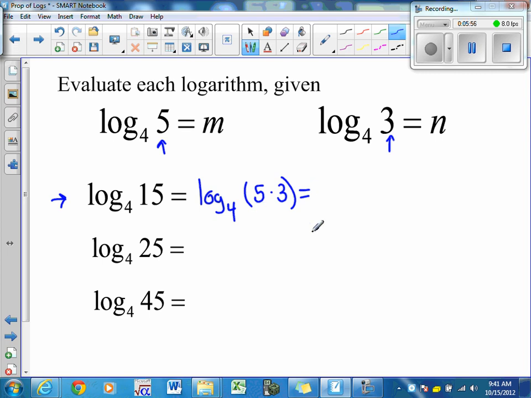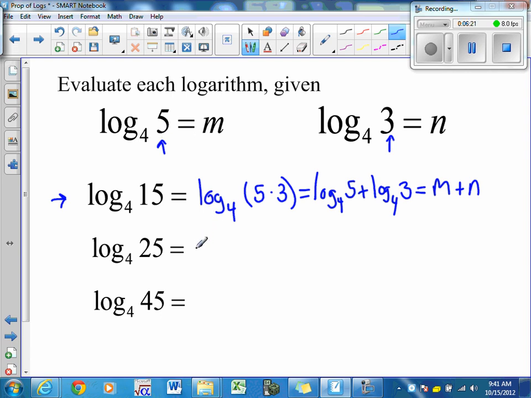And now going back and using my properties of logs, I could say this is log base 4 of 5 plus log base 4 of 3. And now I've gotten into the two top ones, and log base 4 of 5 is m, and log base 4 of 3 is n.